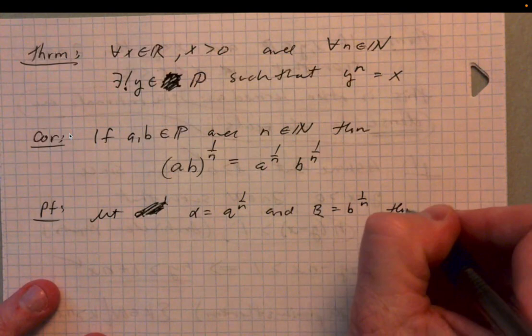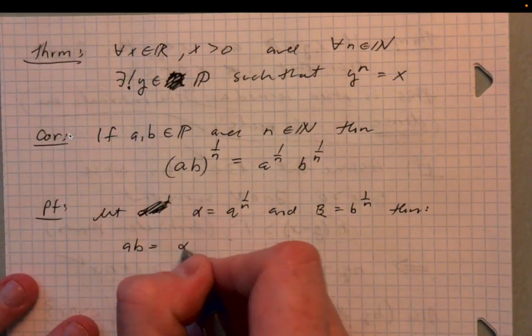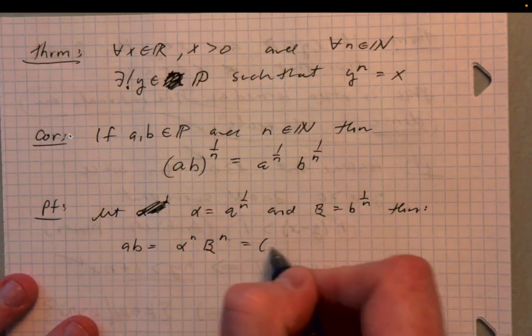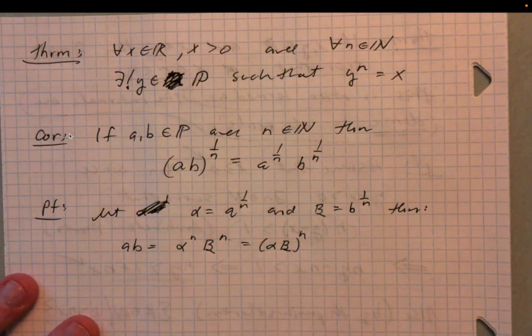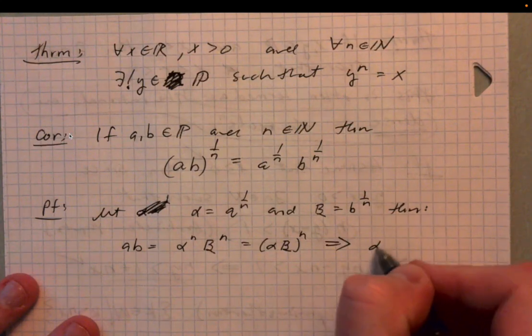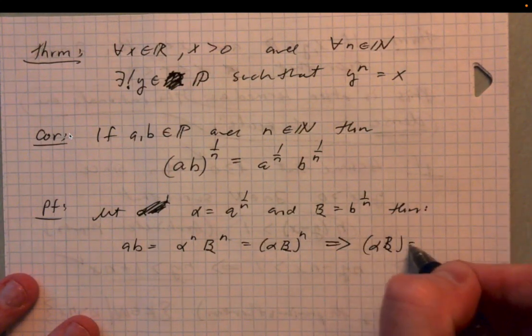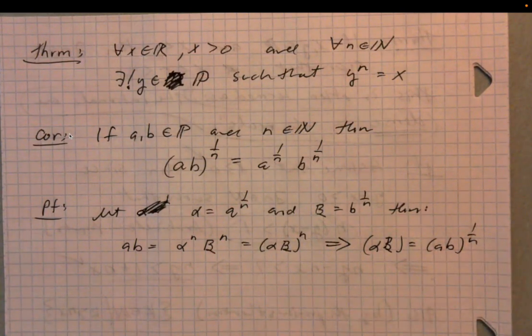Okay, then it's a one-liner, isn't it? ab is equal to alpha to the n times beta to the n, which is equal to (alpha beta) to the n. Okay, and so that implies that alpha beta is equal to (ab) to the 1 over n. Okay, so there you go.